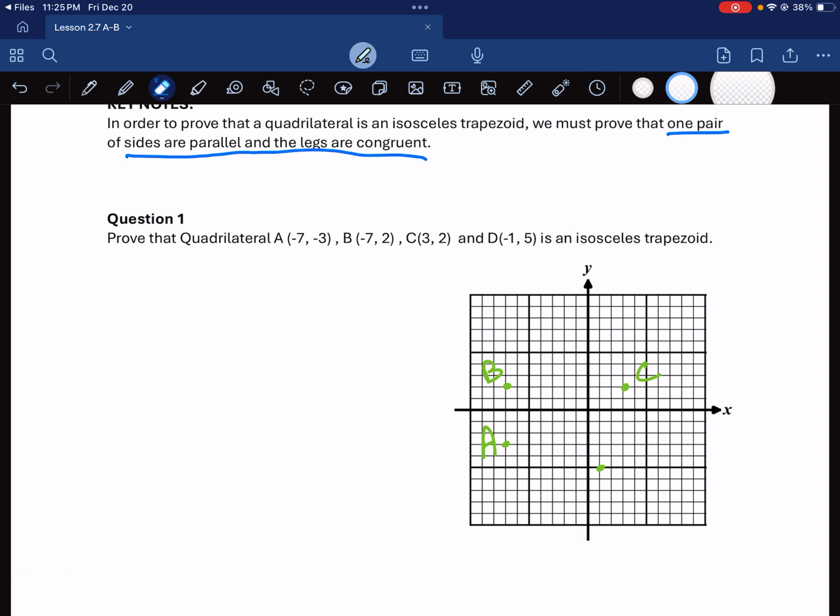Alright, I went ahead and already graphed it, but you can pause the video and graph your trapezoid. Looks like BD and AC are parallel. So we're going to have to prove that BD is parallel to AC using the slope formula.